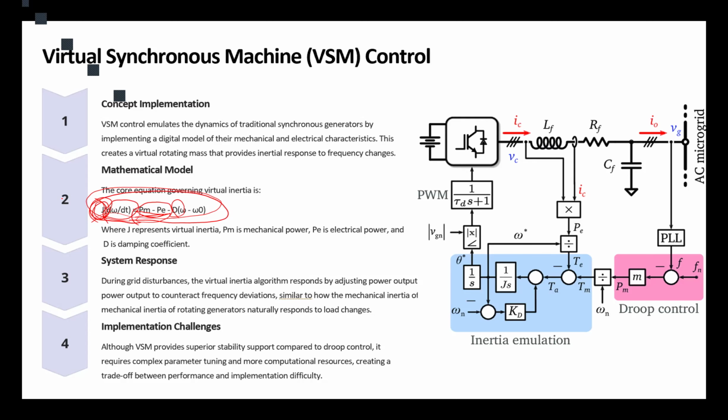You could go over that. I don't want to go deep into the VSM, but it's a very good method if you want a better visualization of what we're talking about in a grid forming inverter, because you have the intuition of how the rotary machine works. It lets you make a connection between the grid forming inverter's parameters and the rotary machine parameters, and you can have a better intuition about what we mean by controlling grid forming inverters.